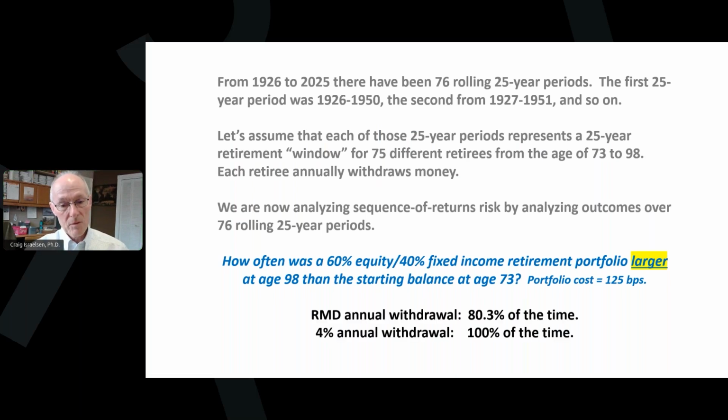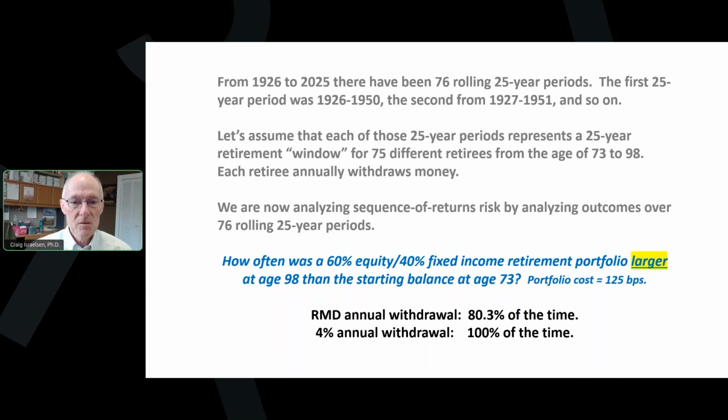So here are a couple of answers to the question, how often did your portfolio grow? Well, if the RMD is the determiner of how money is being withdrawn, your portfolio was actually larger after 25 years of withdrawals, 80.3% of the time.